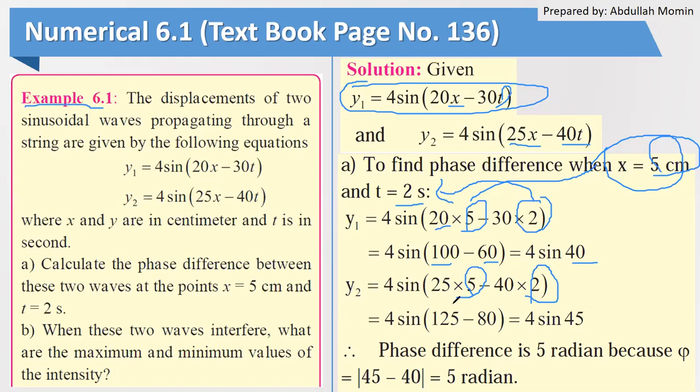So 25 into 5 is 125 and 40 into 2 is 80, and 125 minus 80 is 45. Now phase difference is pi radian because 4 sine and 4 sine is same. The difference between 40 and 45 is pi radian. So we will say that the phase difference is pi radian.